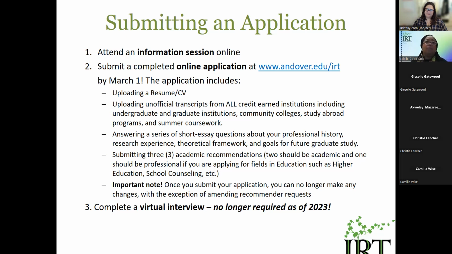If you want to go on for a master's in student affairs and you've been working in the multicultural office, that person could be your 3rd recommender, because they're your supervisor, so they could talk to your desire to go to graduate school and to major in higher ed, for example. An important note is once you submit your application, you can no longer make any changes.